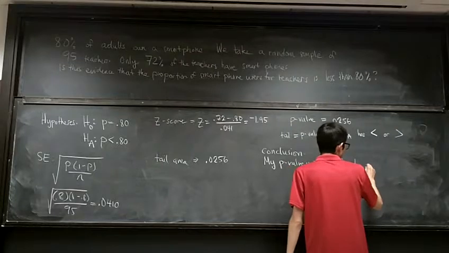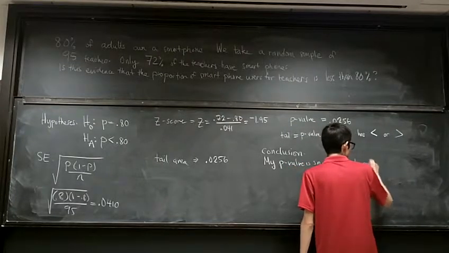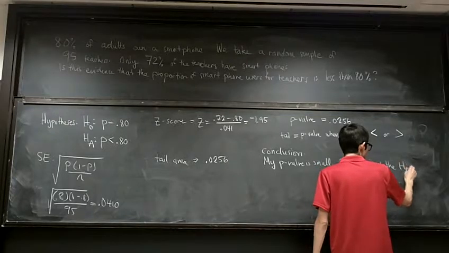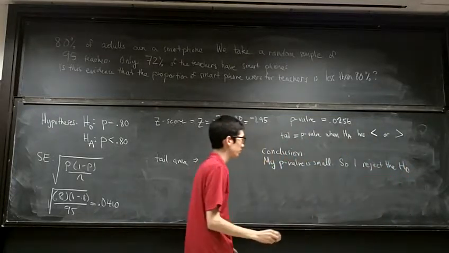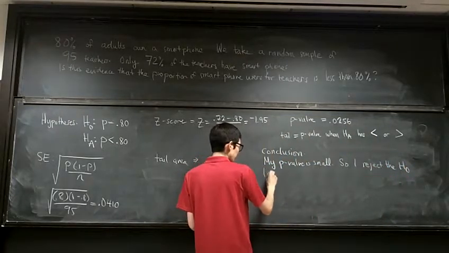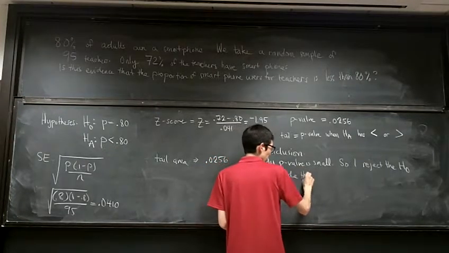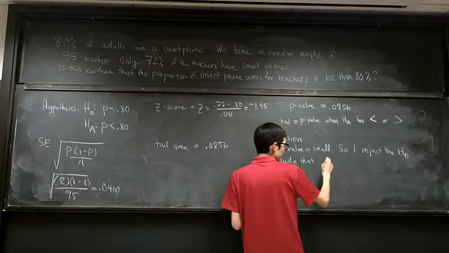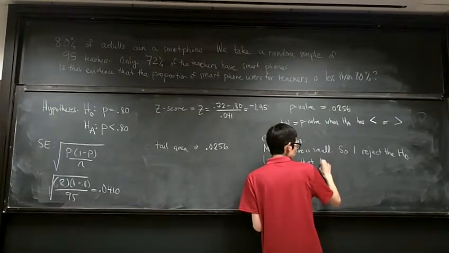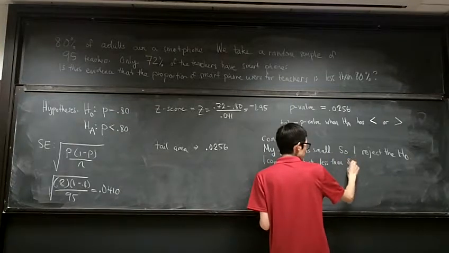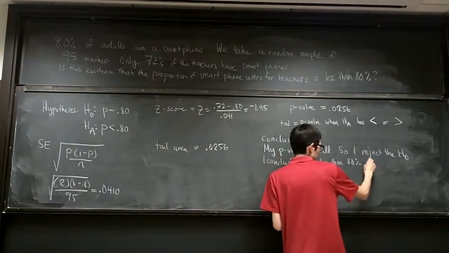So I reject the null hypothesis, I reject H0. I conclude that less than 80% of teachers own smartphones.